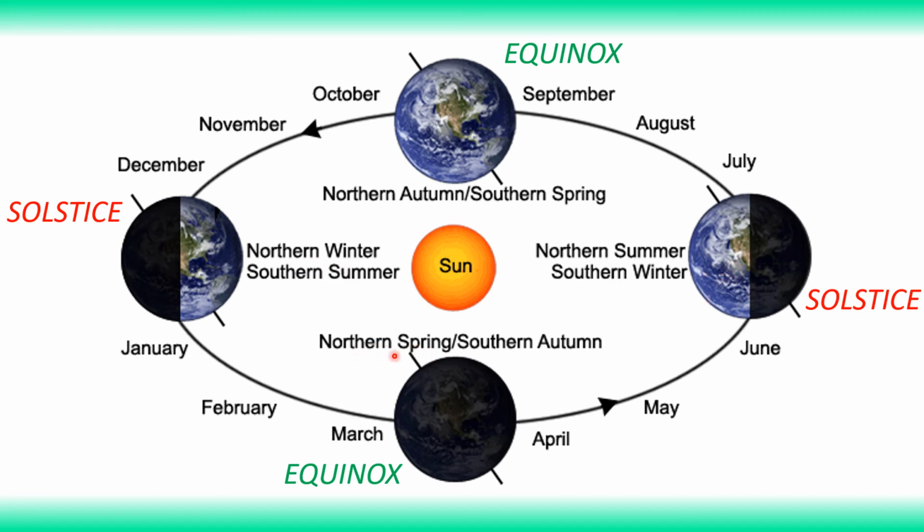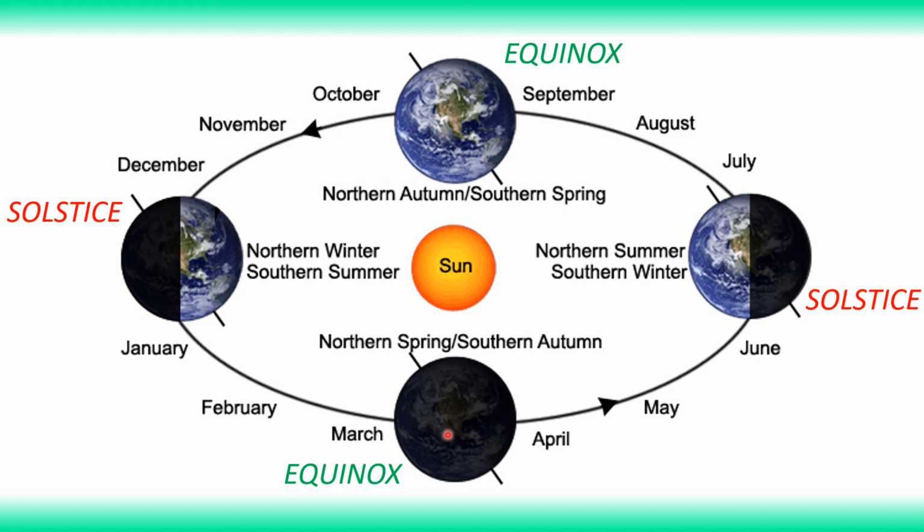So that's spring. But when it's spring in the Northern Hemisphere, it's autumn in the Southern Hemisphere. And when it's autumn in the Northern Hemisphere, it's spring in the Southern Hemisphere. So instead of saying spring equinox or autumn equinox, we'll say the September equinox and the March equinox, just the same as we did for the solstices. We'll use the months for that.